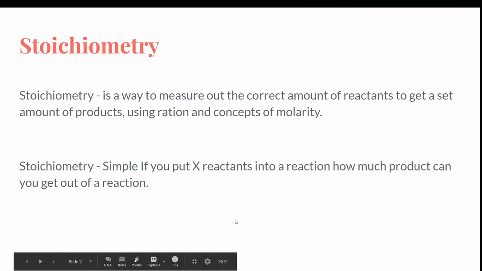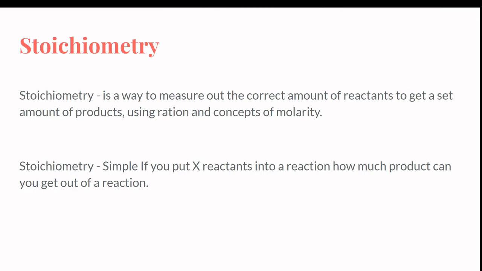And we're first going to define stoichiometry, okay? Stoichiometry is a way for us to measure out the correct amount of reactants to get a set amount of products, okay?